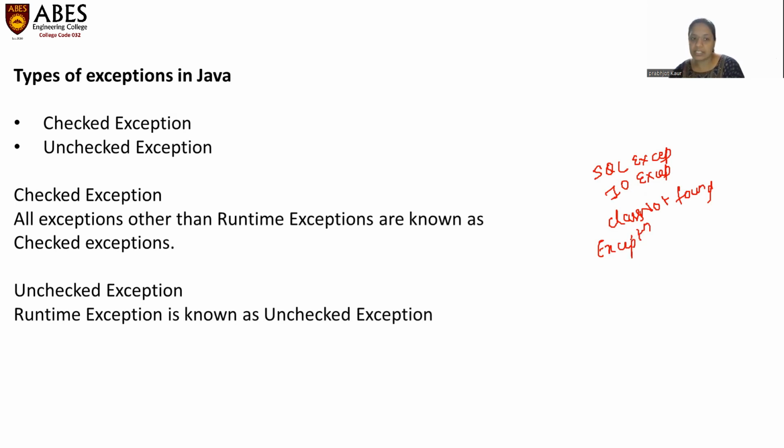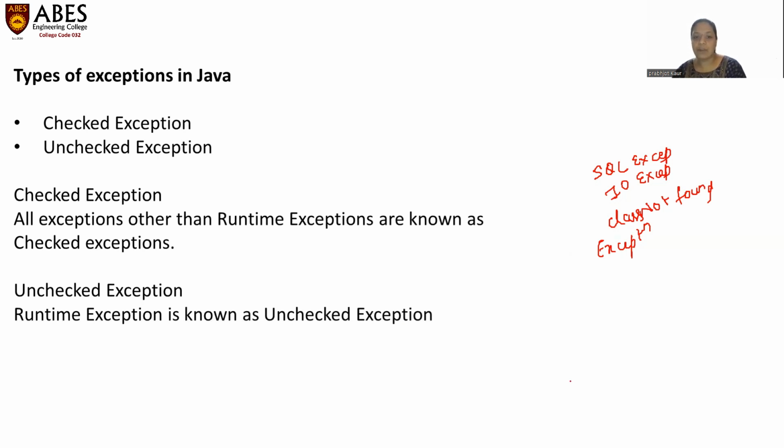Whereas unchecked exceptions are runtime exceptions. In unchecked exceptions, it is the complete responsibility of a programmer to handle the exception. The compiler will not play any role in this exception. Otherwise, the program gets terminated.